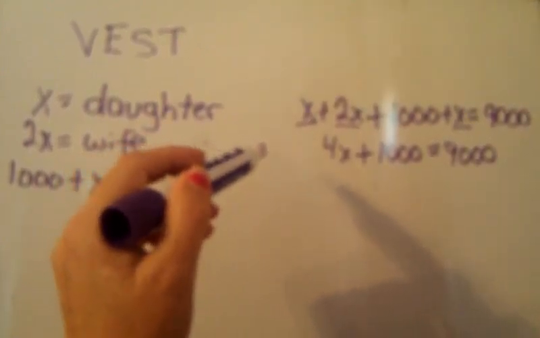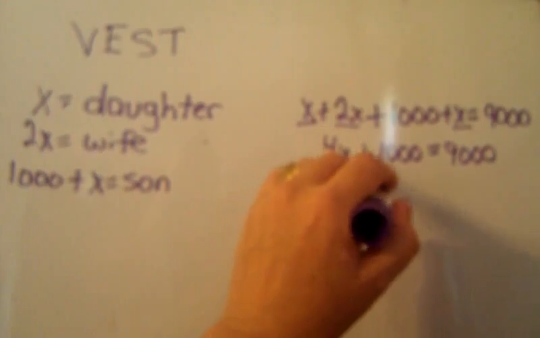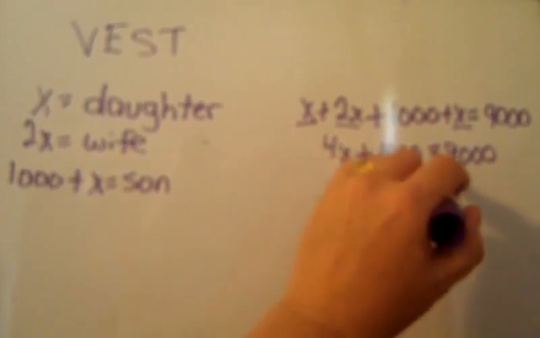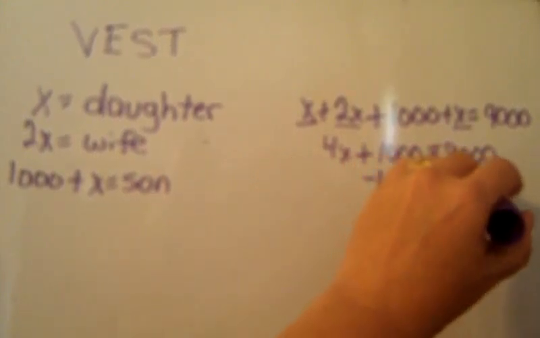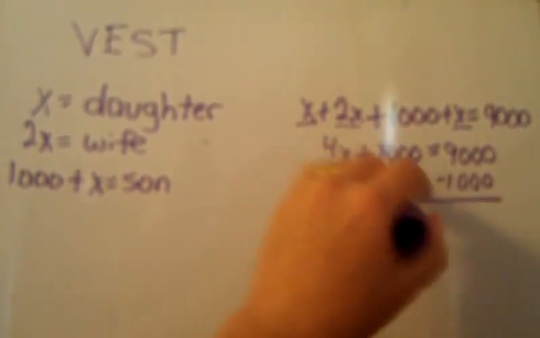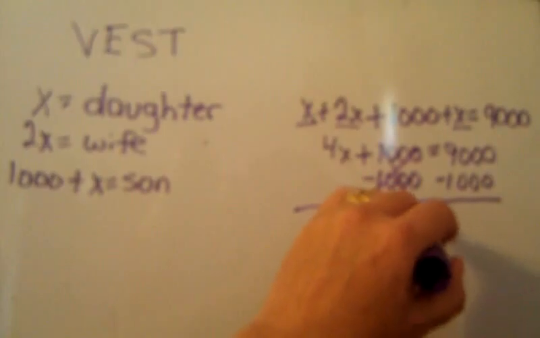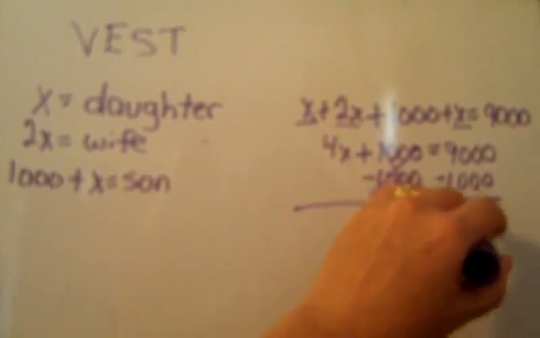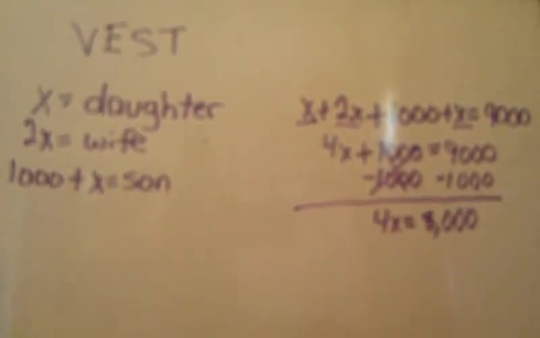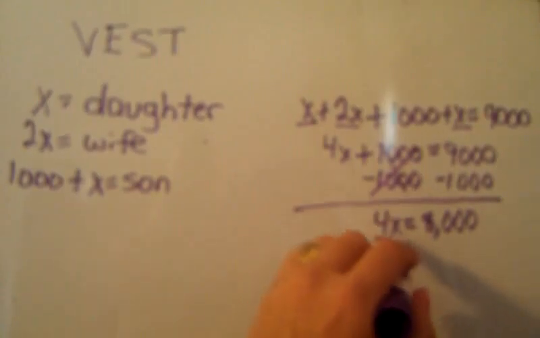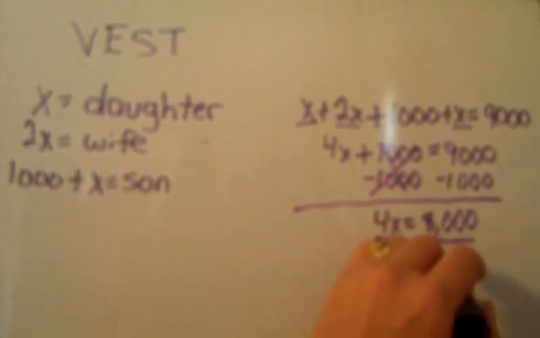Order of operations says that I have to subtract, add or subtract next. Minus 1,000 on both sides. These cancel out. So I have 4x equals 8,000. Now I have to get rid of that 4, so let's divide both sides by 4.